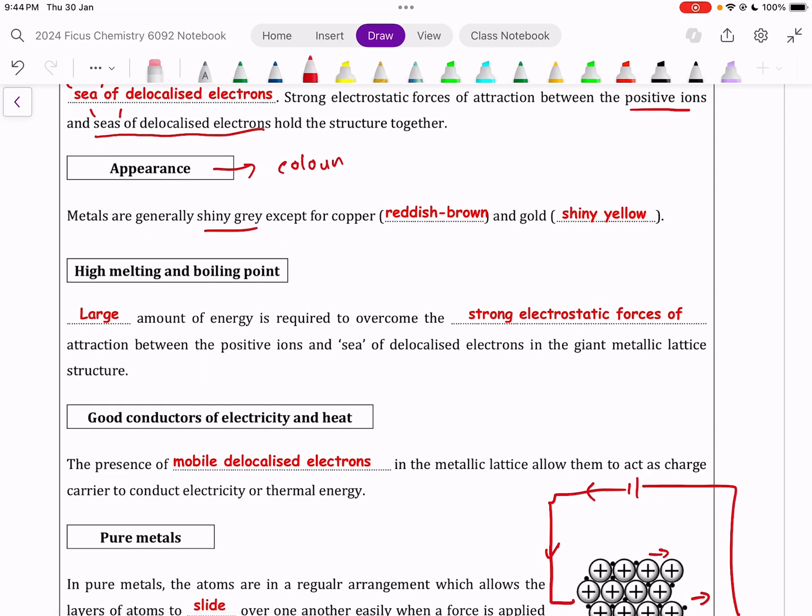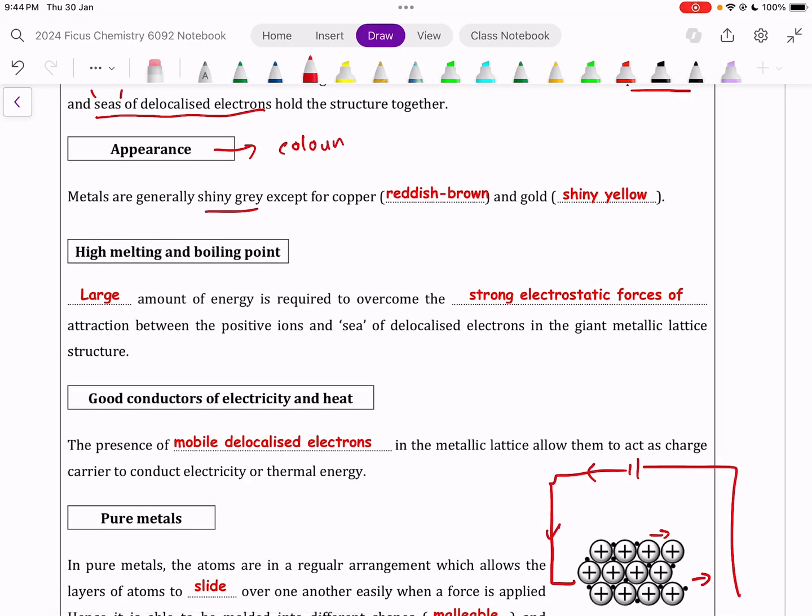Then last year we also talked about the high melting and boiling point for metals. Again, there are four things that you got to talk about every time we discuss melting and boiling point: energy, type of forces of attraction, as well as the particles, and the structure. The particles in this case are your cations and the sea of delocalized electrons.